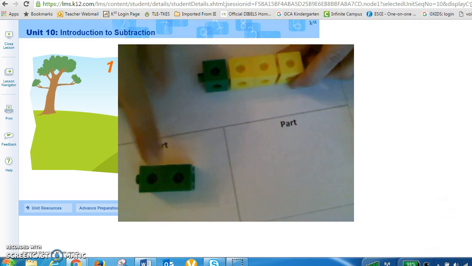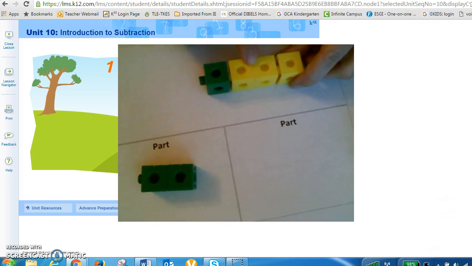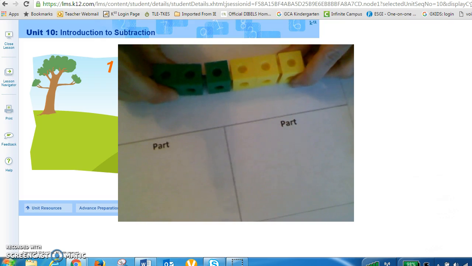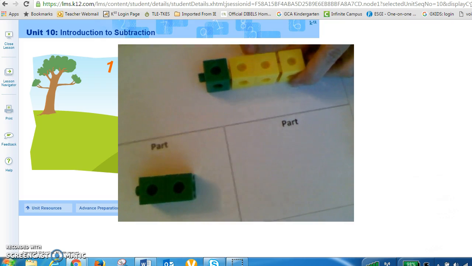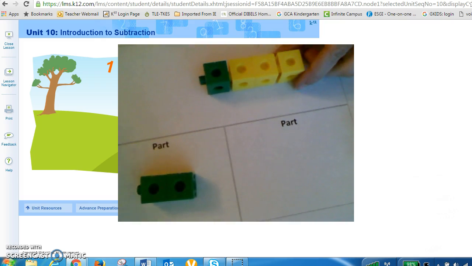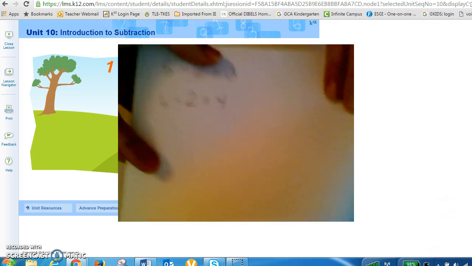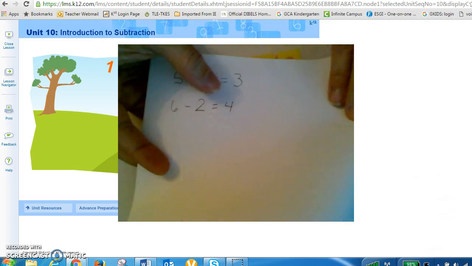So we have 2 and 4 making 6, or my whole part of 6. Take away the 2, and I have 4 left over. We can write this problem as well. This subtraction problem is 6 minus 2 equals 4.